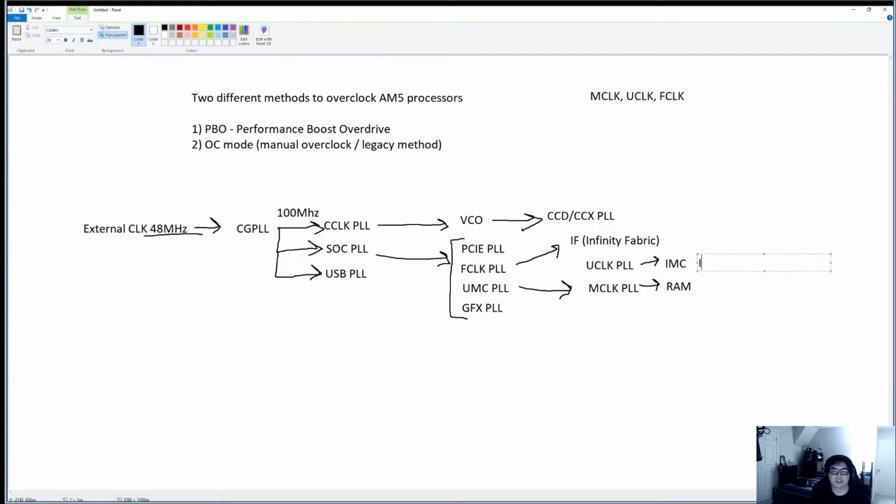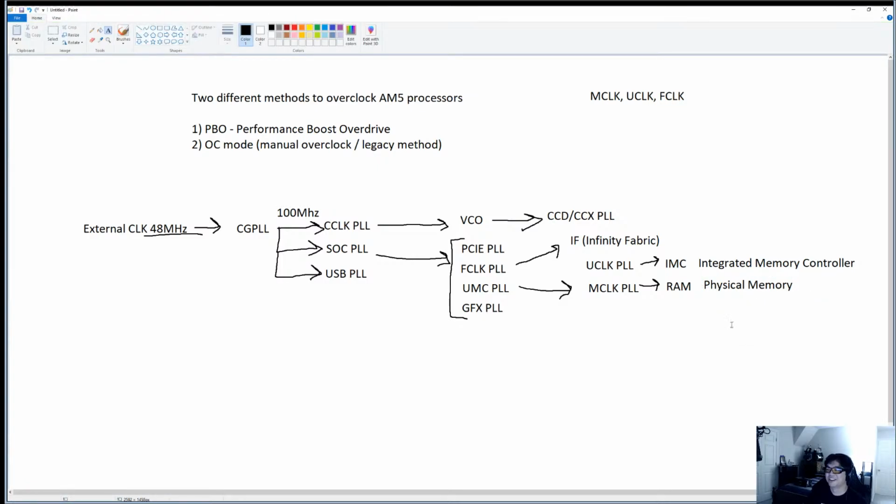And then this is the integrated memory controller. And then this one is going to be physical RAM. Everybody knows what that is, just that physical memory. Whatever, I don't want to type another acronym. So these are essentially what you get.